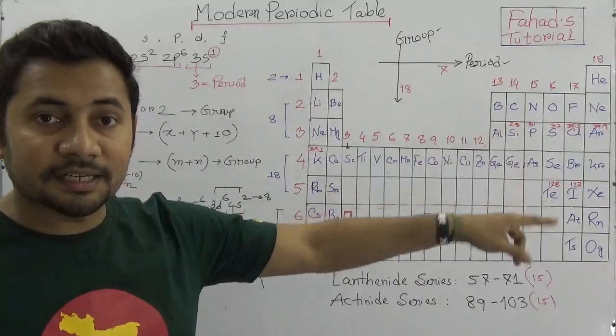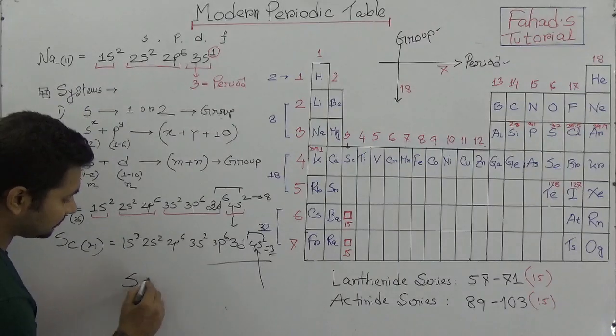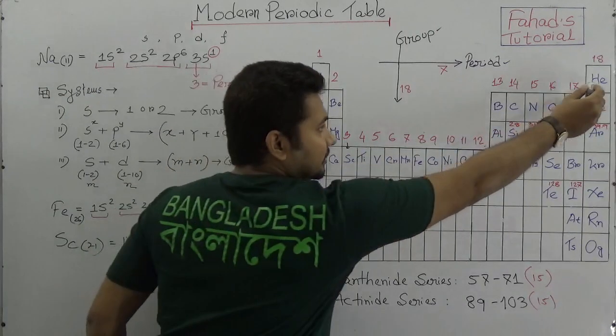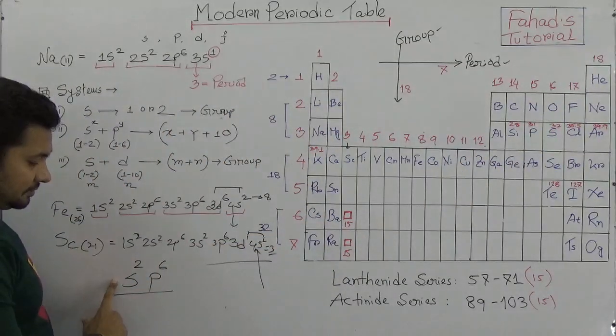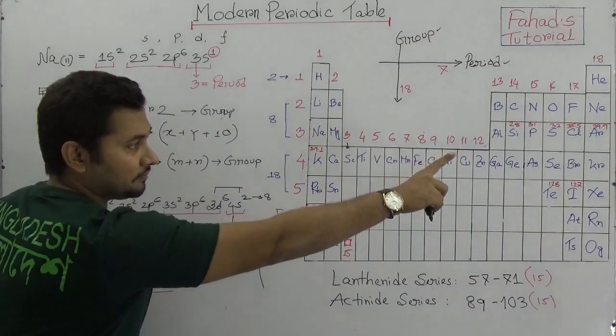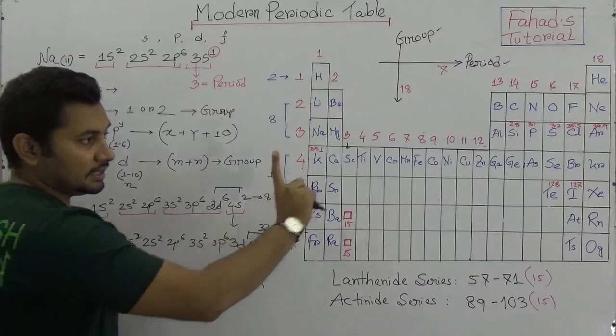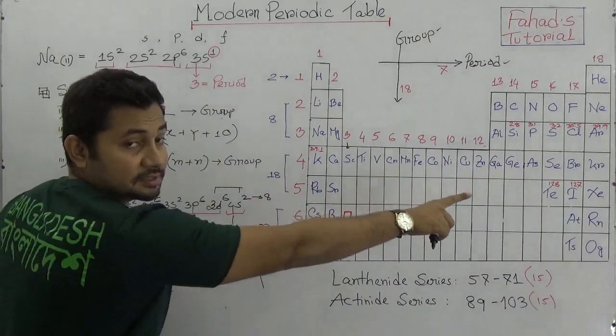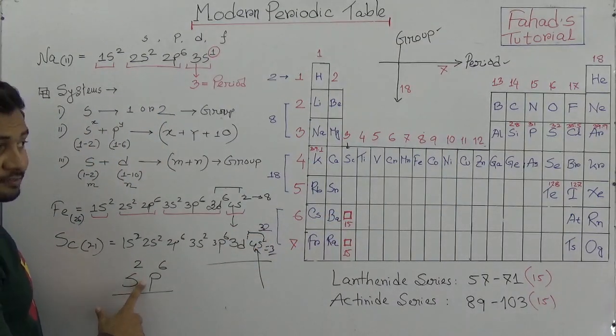Every inert gas will have s and p like this. In case of neon, it would be 2s2, 2p6. In case of argon, 3s2, 3p6. In case of krypton, it would be 4s2, 4p6. In case of xenon, it would be 5s2, 5p6.